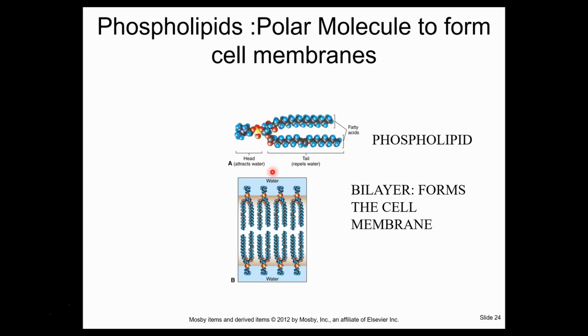So cholesterol is able to insert itself in the plasma membrane with the tail that will go in here, and the polar side will attach to the head of the phospholipid.